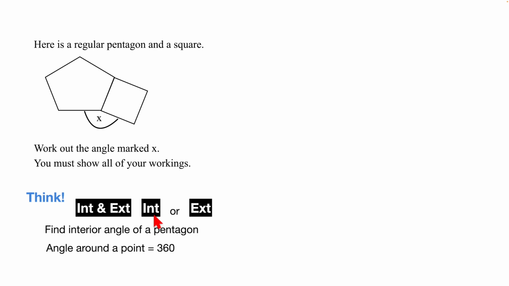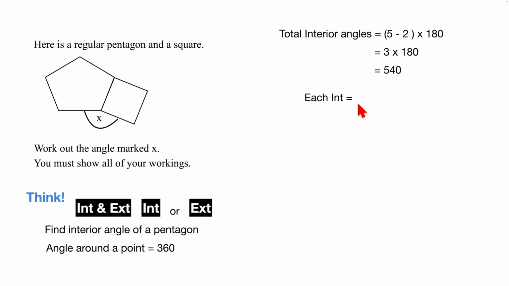Find the interior angle of a pentagon and then use angles round a point equals 360. Total interior angles is sides minus 2 times 180. 3 times 180, 540. How many angles are there? There's 5 identical angles. Each interior angle is equal to 540 over 5, 108.